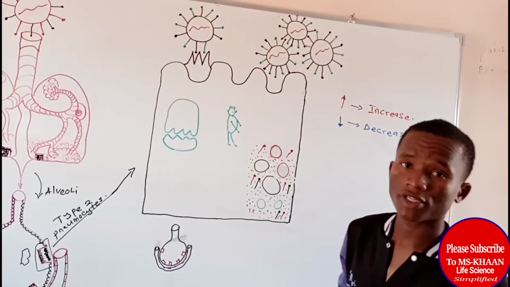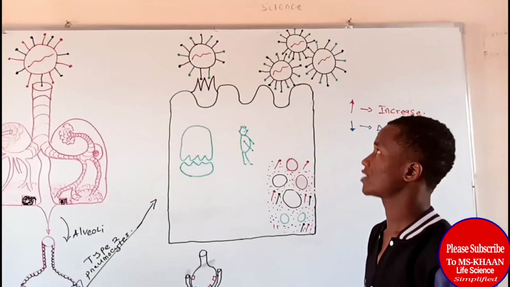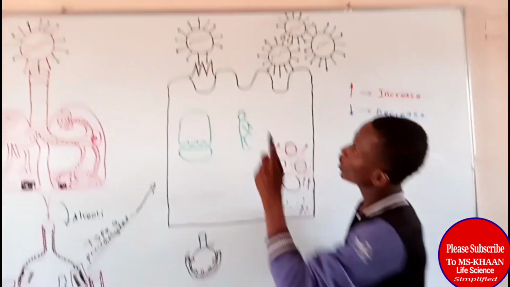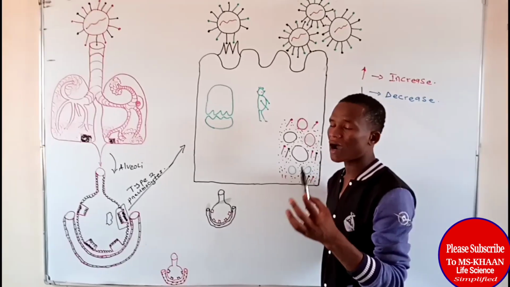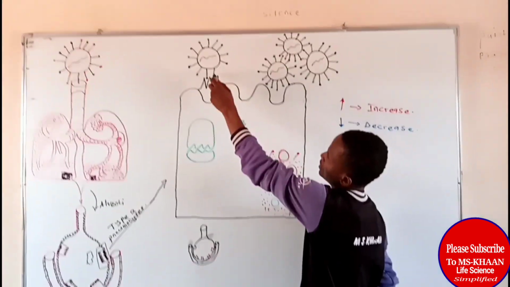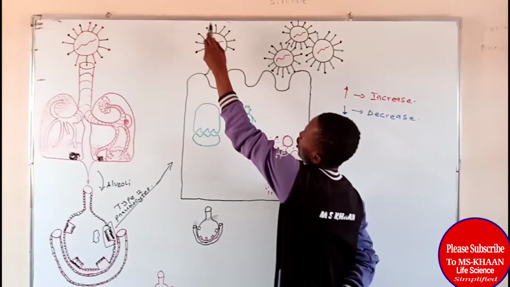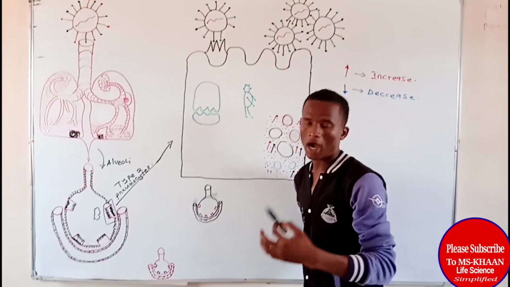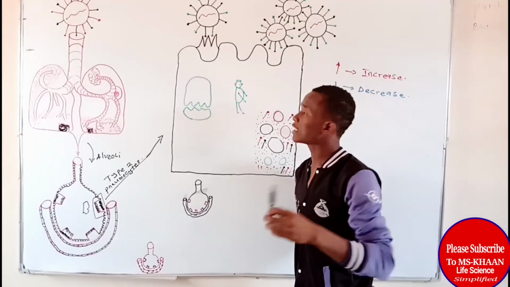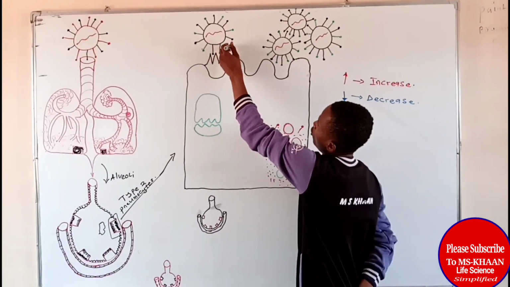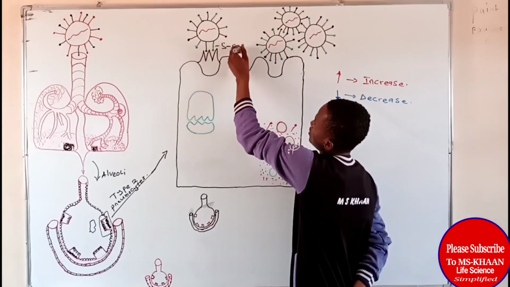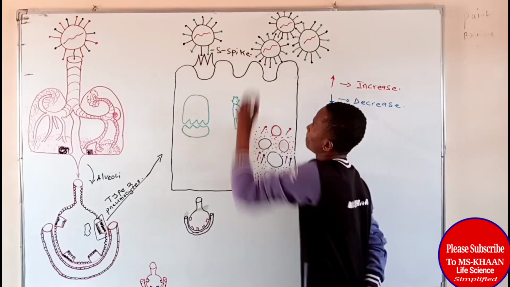So this is now the virus and the type 2 pneumocytes. If you remember, when describing the structure of the virus, I told you the virus has some peripheral proteins, which are called spike proteins. Coronavirus specifically uses a type of spike protein to bind to each host cell, which is called the S spike.